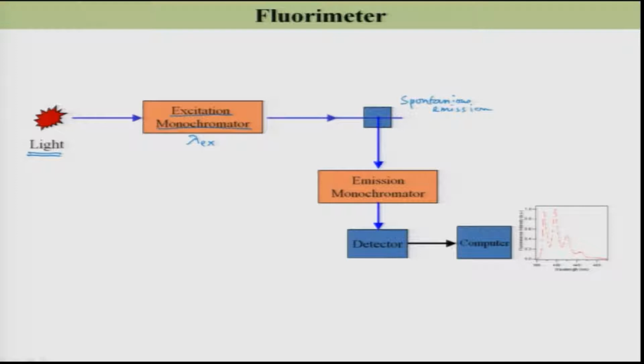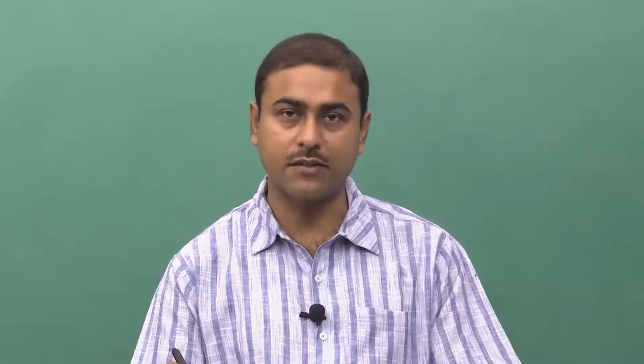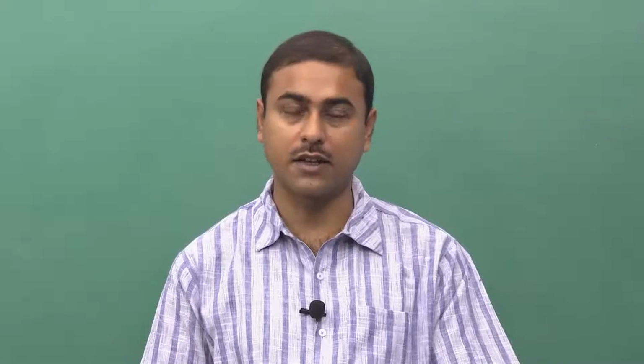But this emission itself is broad, for molecules having different vibrational levels and so on. So, to measure the intensity of a particular wavelength of emission, we need to again disperse the emission in a monochromator and detect the intensity of each wavelength individually with the detector.